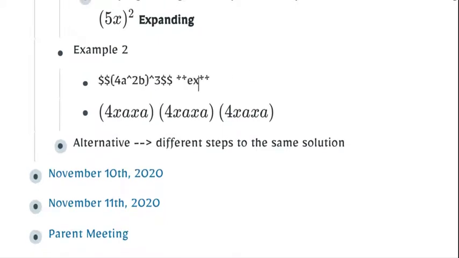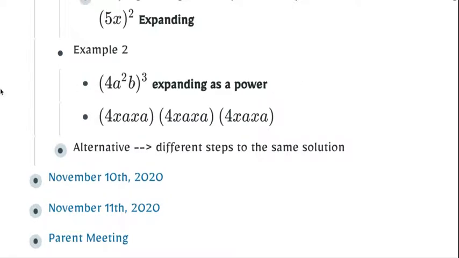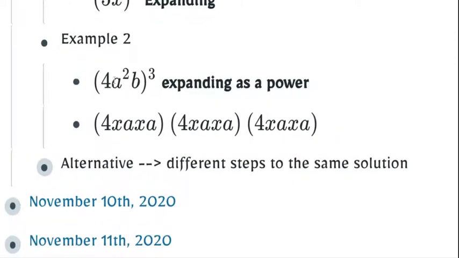Let's put expanding as a power. We write out how many times we had the bracket, and then we state how many of the brackets we have. So you can see a trend here, right?